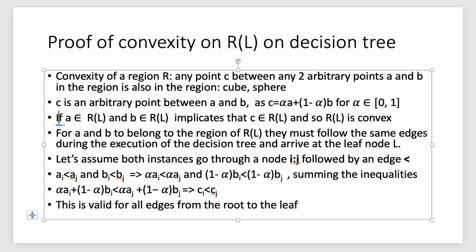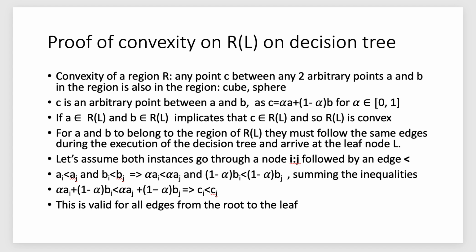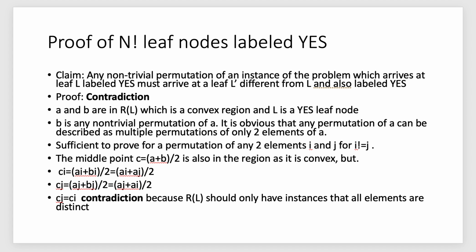Let's go to the following proof. We have to prove the main claim, which is that there are n! leaf nodes labeled yes.